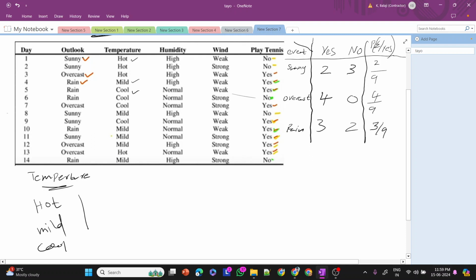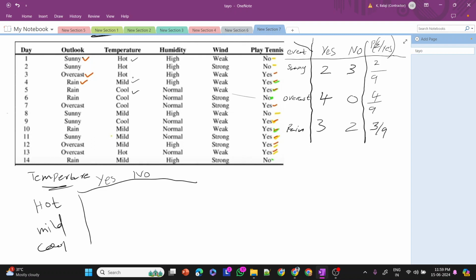Let's find the probability for this event, yes and no. When it is hot, the person did not play the game. Here also hot, no play.